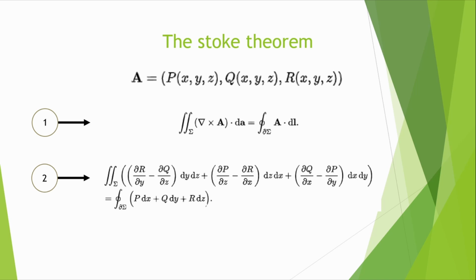If a vector field A equal to P(x,y,z), Q(x,y,z), R(x,y,z) is defined and has continuous first order partial derivatives in a region containing sigma, then we get the equation, stated more explicitly, as in formula 1. The main challenge in the precise statement of Stokes' theorem is defining the notion of boundary.